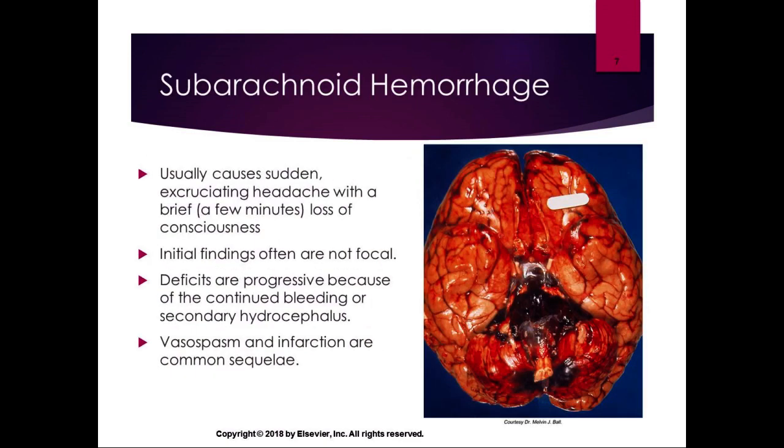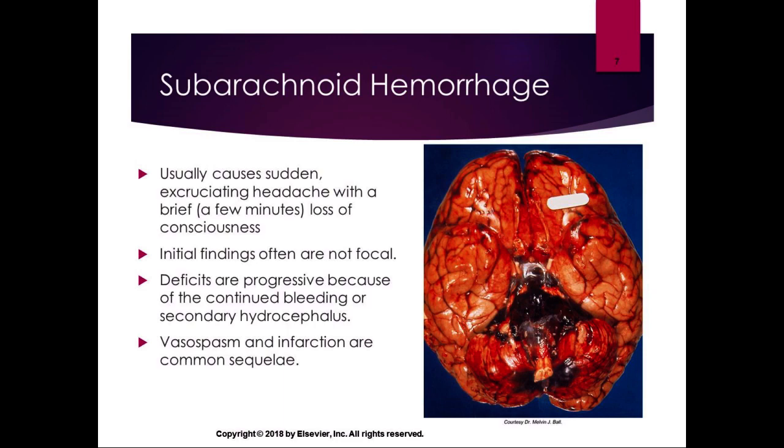So a subarachnoid hemorrhage is where the hemorrhage is in between the arachnoid and the pia mater, which is adhered to the brain. It causes sudden excruciating headache with a brief loss of consciousness, maybe for a few minutes. Initially, the findings are not focal, meaning that there's blood in a lot of different areas.